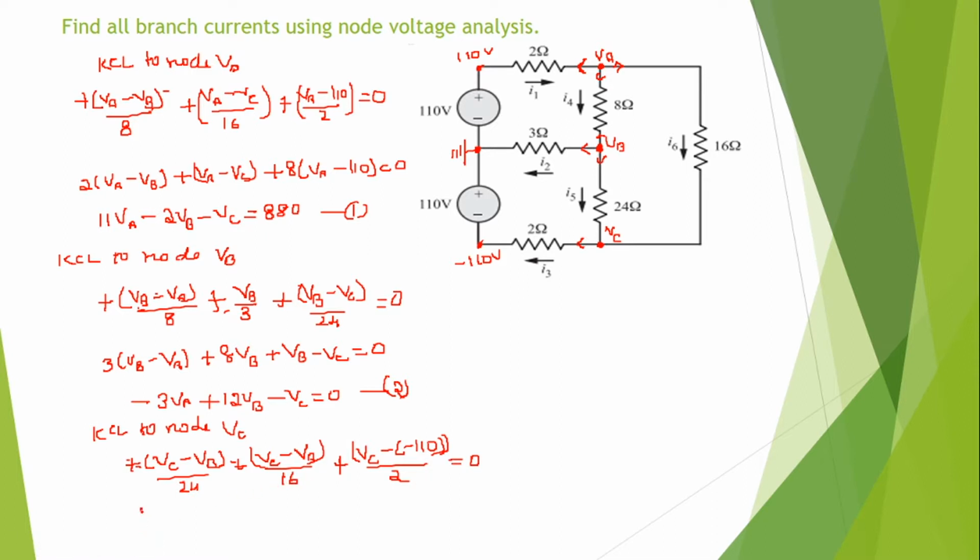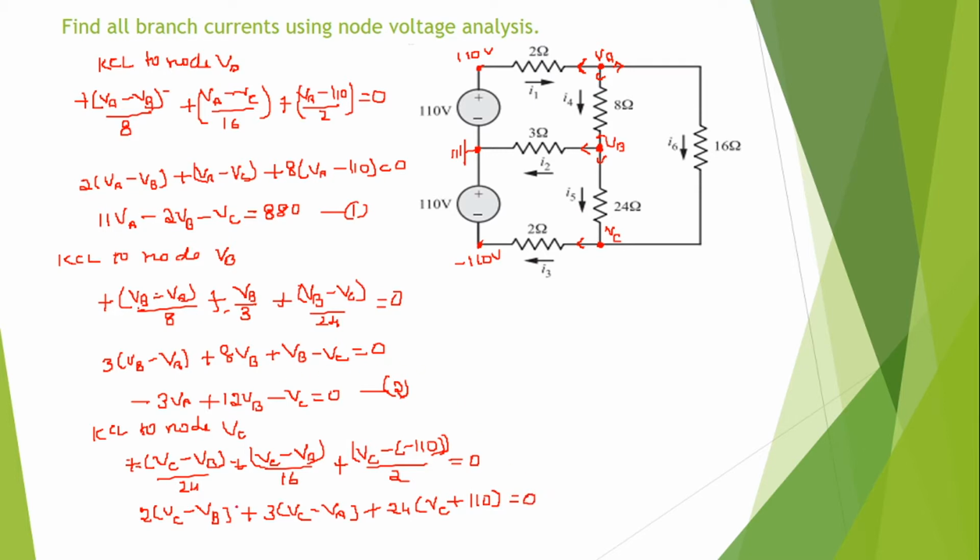So it is 2 into (VC minus VB) plus 3 into (VC minus VA) plus 24 into (VC plus 110) equal to 0.